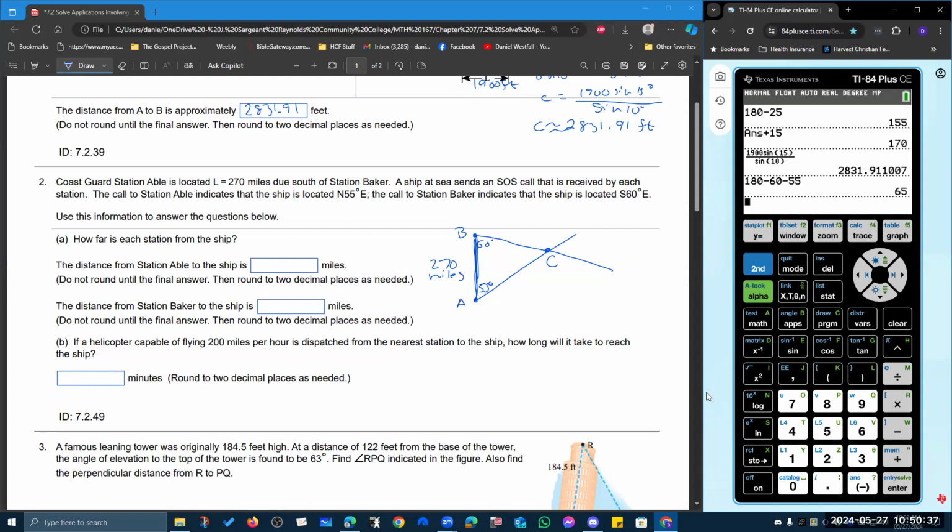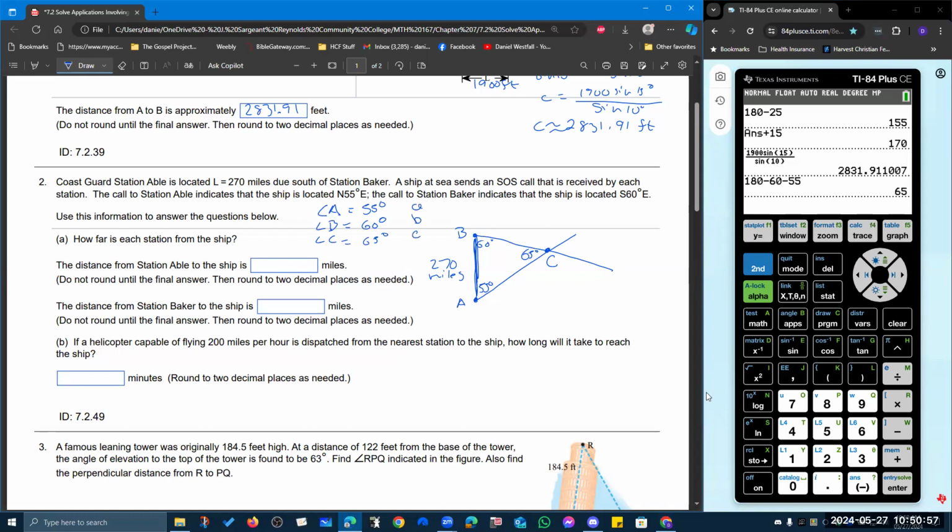It's going to be 65 degrees here. So angle A, angle B, angle C. A was 55, B was 60, and C is 65.